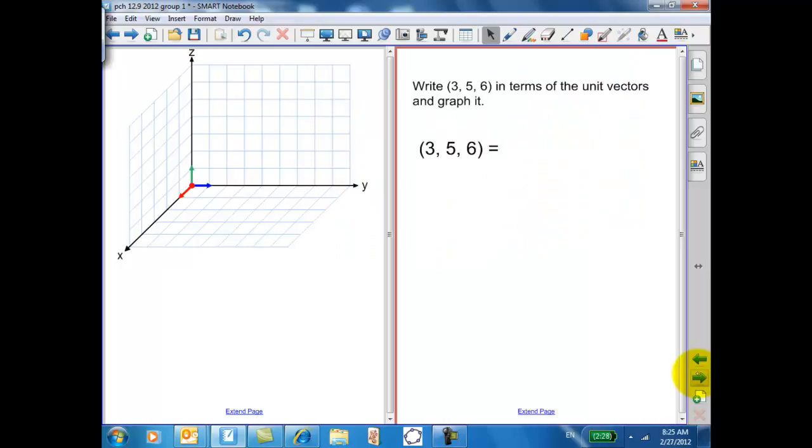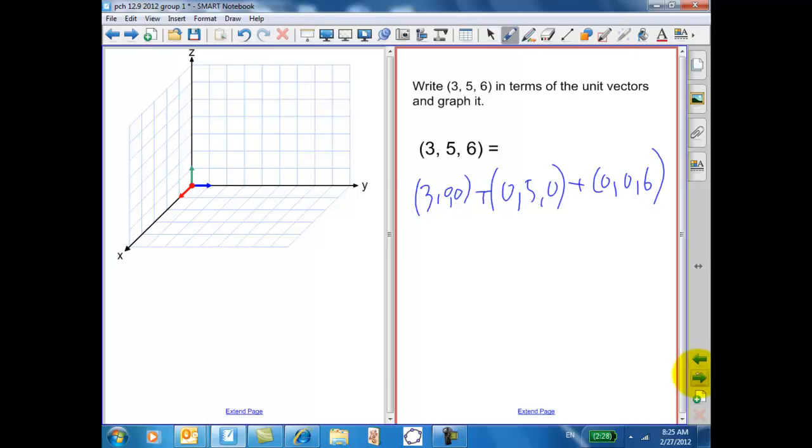So let's write 3, 5, 6 in terms of unit vectors and graph it. So 3, 5, 6 is 3, 0, 0 plus 0, 5, 0 plus 0, 0, 6. Let's just split it up into 3. So I have both a sort of horizontal, vertical, and, well, you can't really call it horizontal, vertical components in three dimensions.